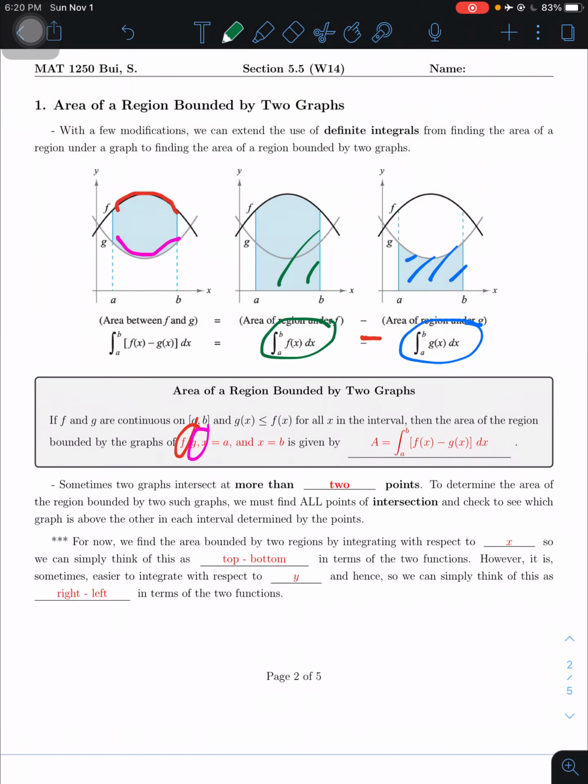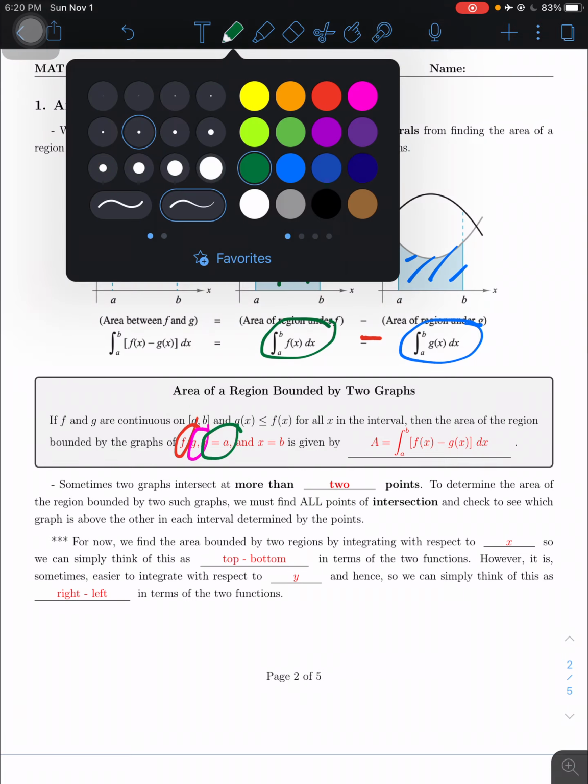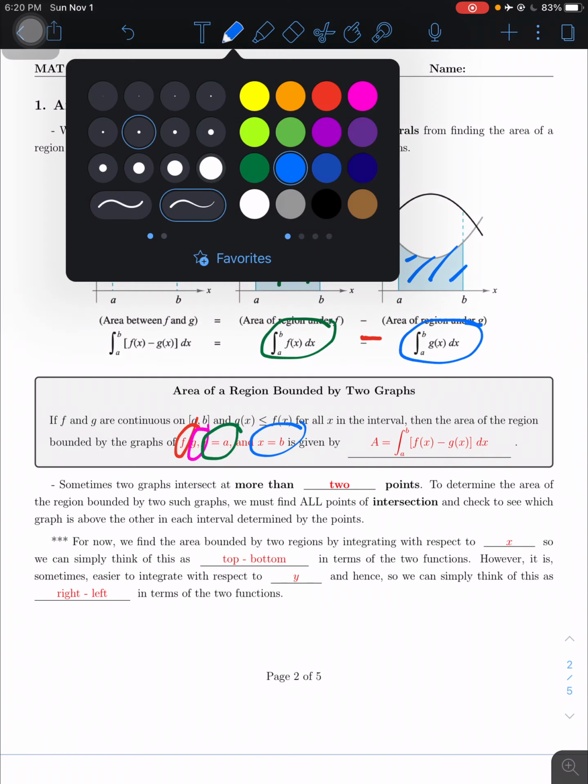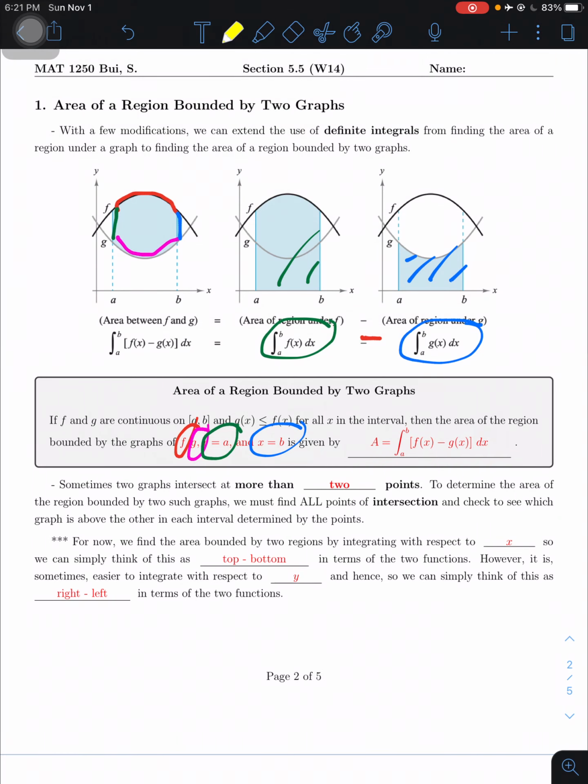And then we talk about x equals A, which is this piece in here, and then x equals B, which is this vertical piece in here. So this is the area that you want. Okay? It is given by this formula right here, where F is lying on top of G, so we go F minus G, going from A to B, because those are the given limits from the problem.